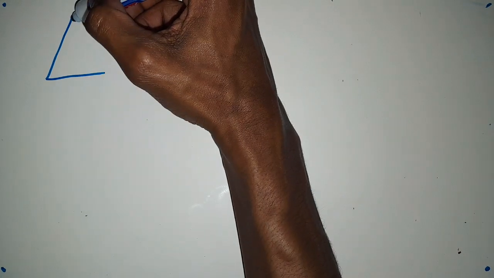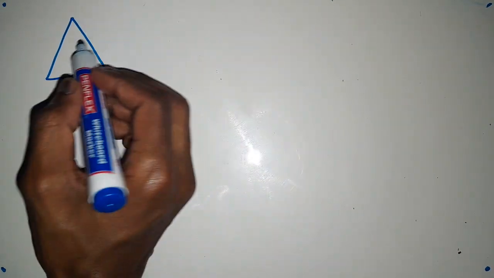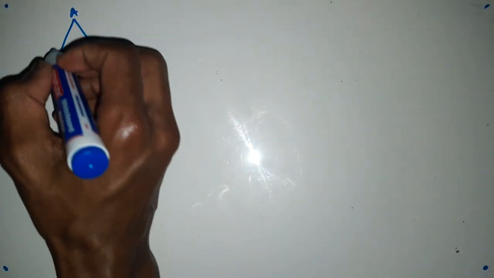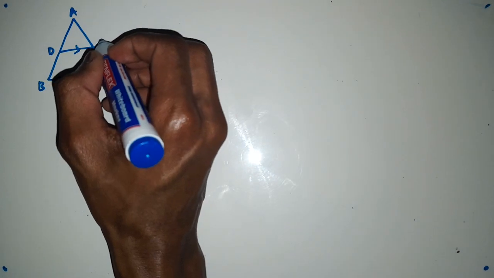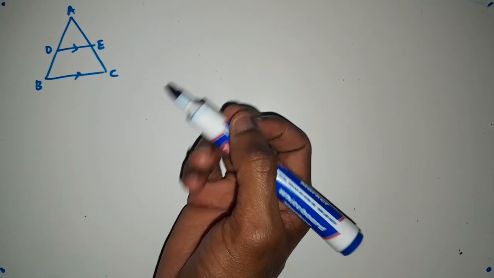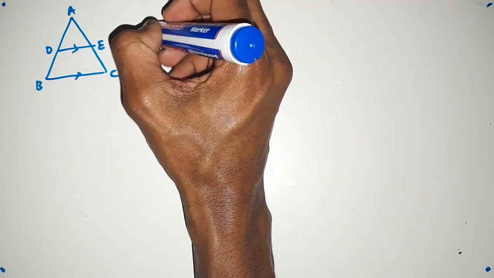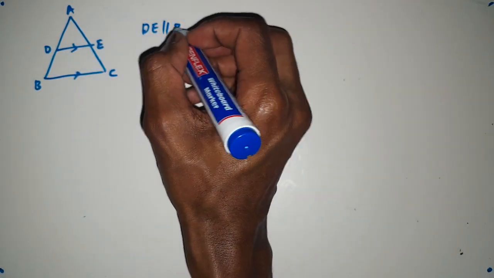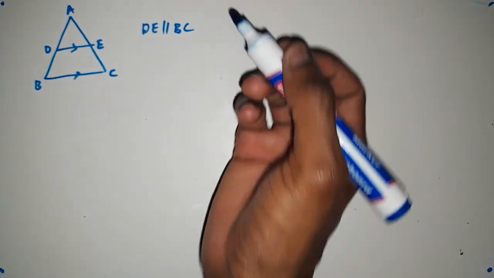Today I just want to show you how to apply the proportionality theorem. Let's say I have a triangle like this. Let's say we have A, B, D, E, and C somewhere there, and they gave us that DE is parallel to BC, like this.